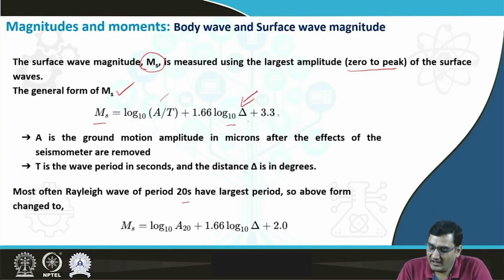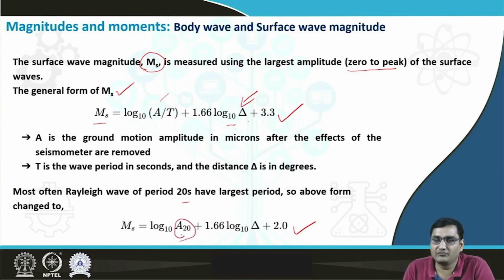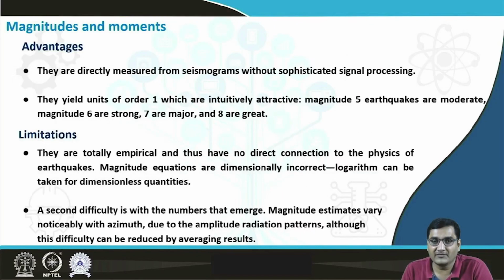So this formula reduces to this particular form, written for the Rayleigh wave with a 20-second period. Ms is equal to log base 10 of A20, where A20 is the amplitude of the 20-second period Rayleigh wave, plus 1.66 log base 10 of delta, where delta is the epicentral distance, plus 2.0.